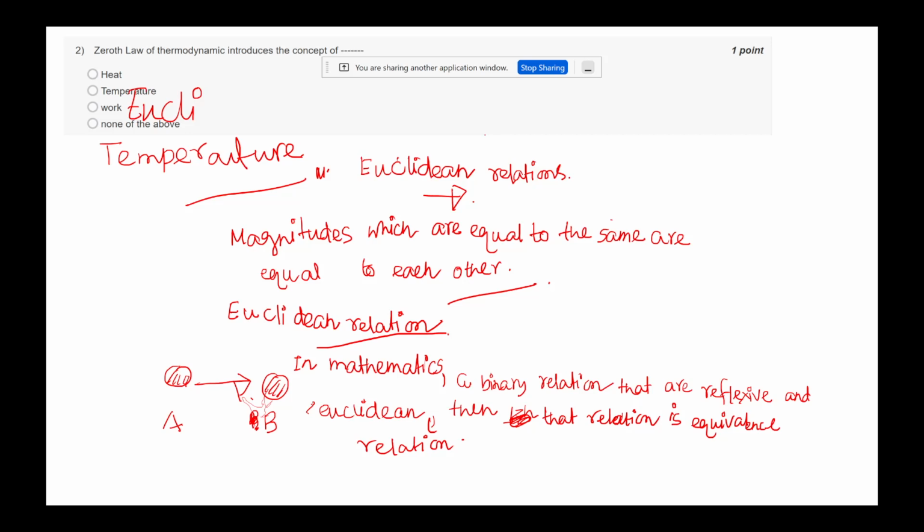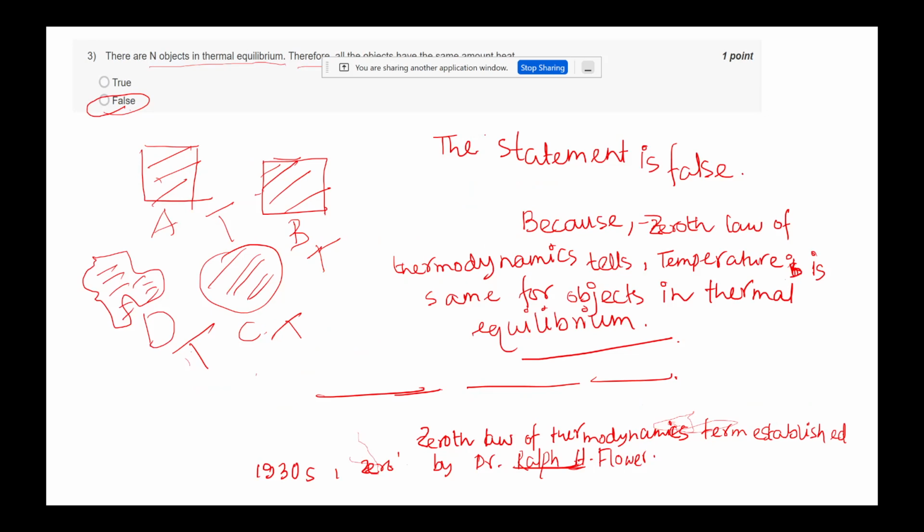We will not talk about anything microscopic. That's why in a volume V, for all the molecules the temperature is the same. So for the zeroth law, temperature is a macroscopic concept. We have done this, and Ralph Fowler established this.